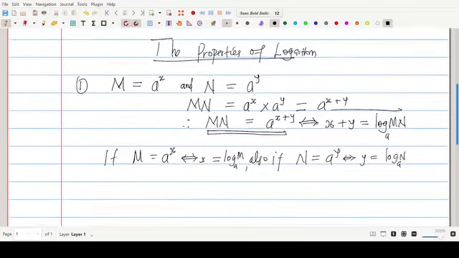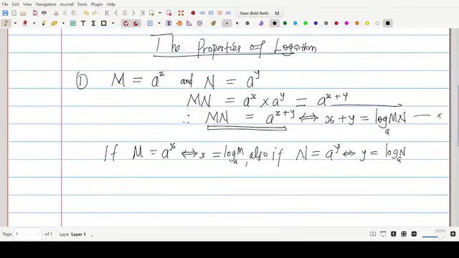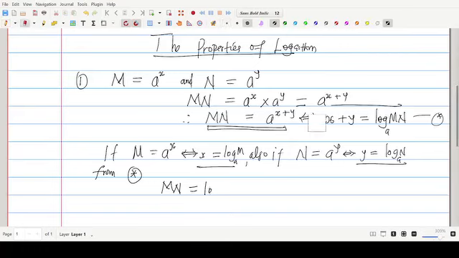Now, the next thing we want to do, we come here. Let me call this star, for example. So from star, we have that mn is equal to a to the power of, in place of x plus y, I'll put these expressions. Look at this and also look at this. So we're having x plus y in star. Then our x is log to the base a of m.